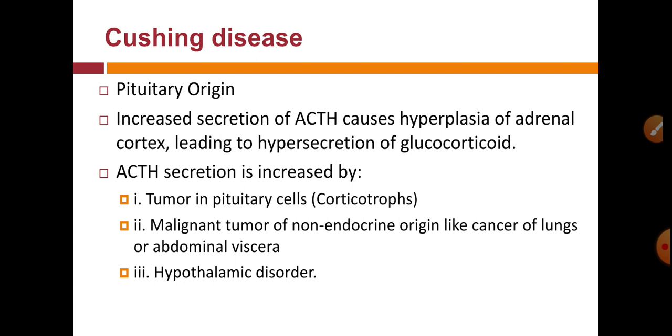So these are the causes of Cushing disease. The causes are present outside of the adrenal glands, that means a tumor in the pituitary cell, or a malignant tumor of non-endocrine origin such as cancer of the lungs or abdominal viscera producing abnormal secretion of ACTH.